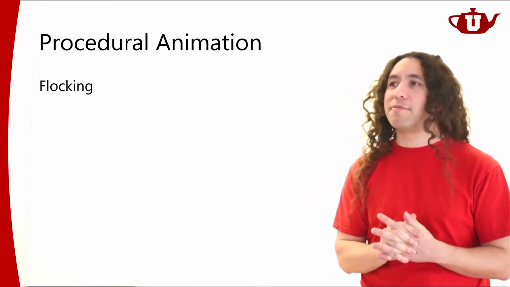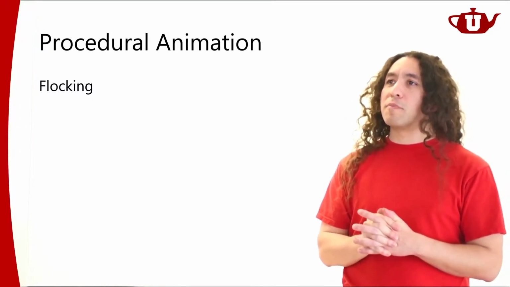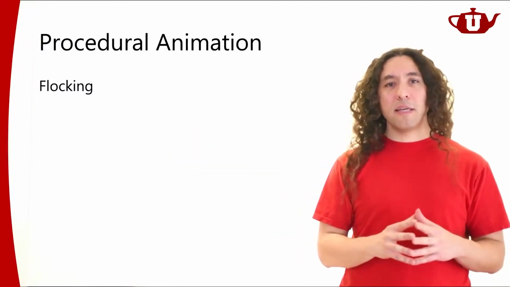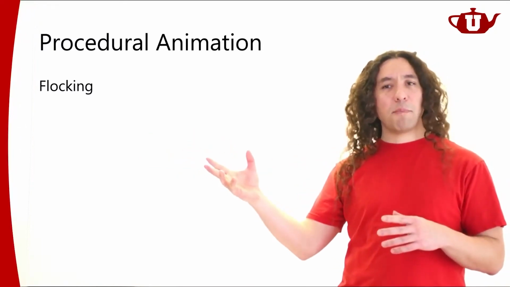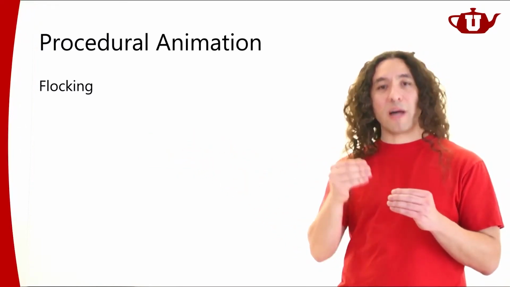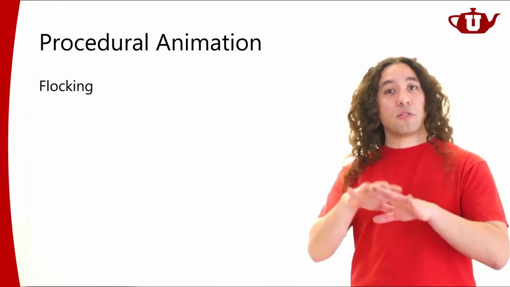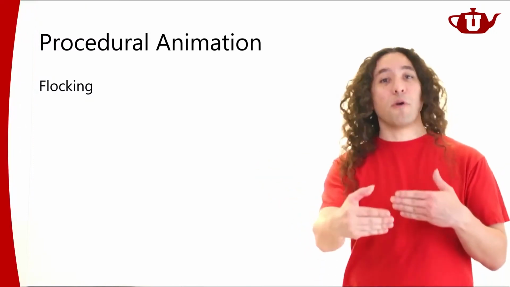You don't have to have a function that defines the entire motion from start to end. This flocking function can be something that's defined one frame at a time. So at every frame, you define what's going to happen to all objects inside this flock for the next frame.